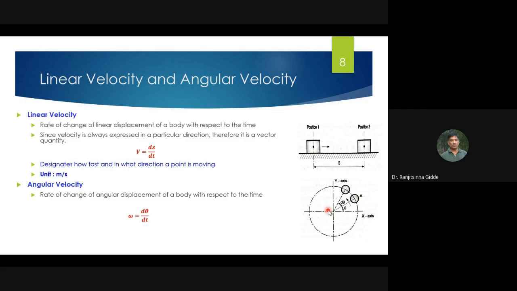So you can write omega is equal to d theta by dt. And what is the unit for this? Radian per second. So this theta we need to put in radian, and time is in second.